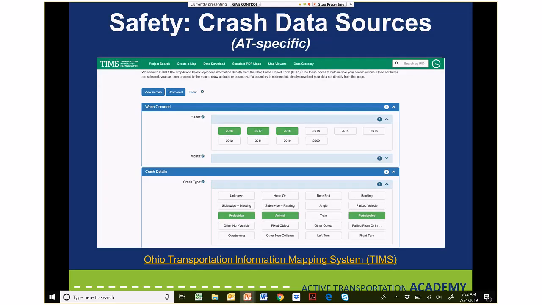We'll specifically get into actual data sources so that when you're finished with the training, you're able to go back to wherever you like to do your work and take a look at the data for your community. We'll go into ODOT's TIMS system and demonstrate how to collect some information for your specific community, and that way you feel a little bit more comfortable doing that in your own day-to-day work.